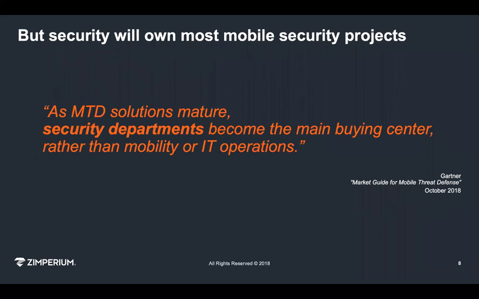And so what we've seen is, as the threat becomes more and more pronounced, or more and more visible, because like we said, everybody's being attacked, it's just those people have visibility. The security guys are the ones now taking hold of this. So what that does is it actually says, hey, security guys, one of the main things you're going to have to learn is what's different in mobile. The mobility guys are trying to catch up to some of the security stuff, but that is a whole different ball of wax.